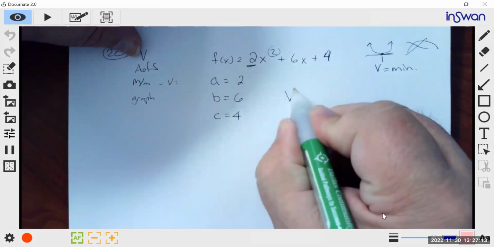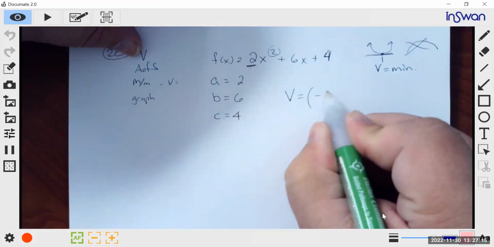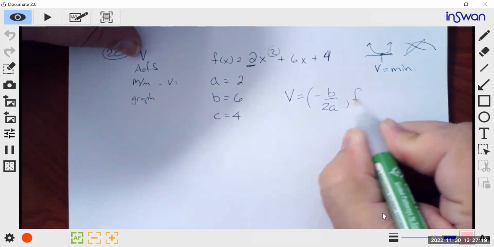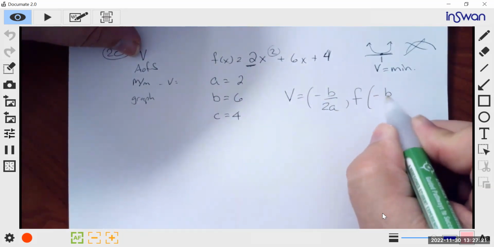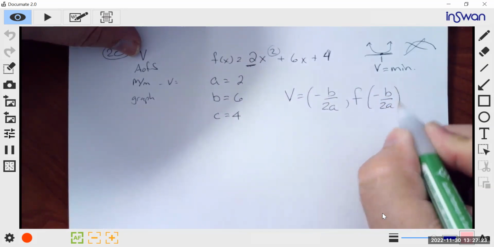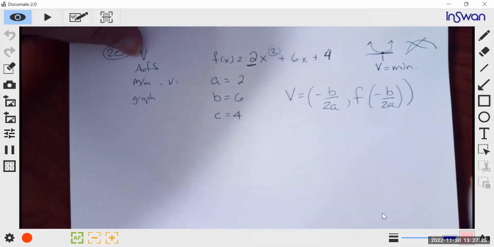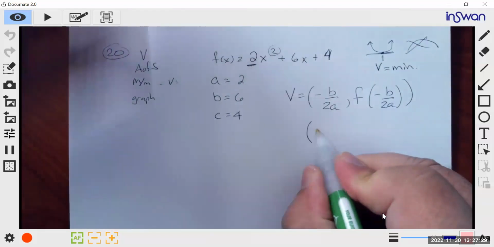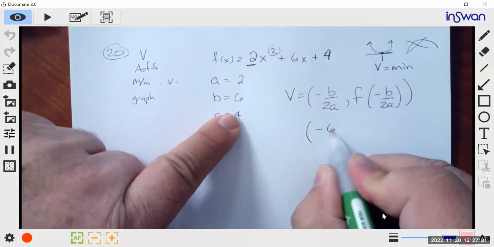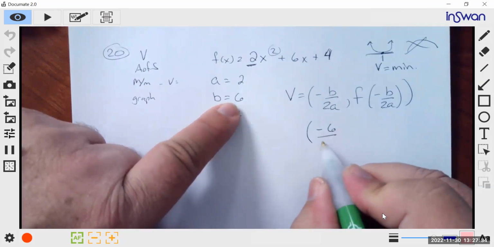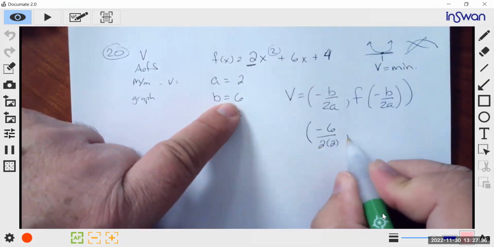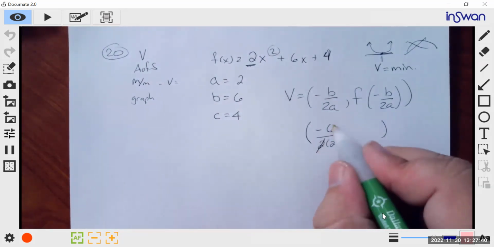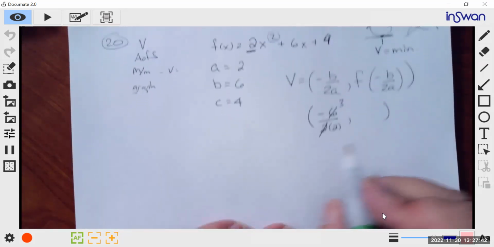The formula for the vertex is negative b over 2a. And then plug it in there. Negative 6 over 2 times 2. 2 goes into 6 3 times.